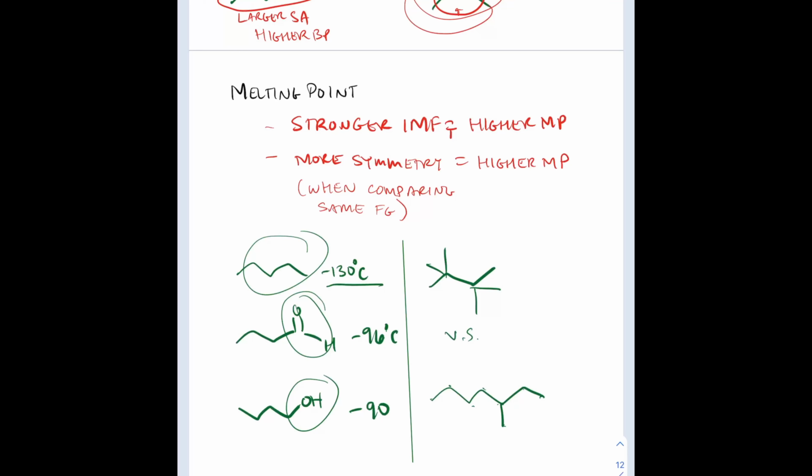These both have 8 carbons and 18 hydrogens, and so they're pretty much the same, but this one has much more symmetry, right? This one's kind of wonky looking, and so since this one has more symmetry, it has the higher melting point. And that's what I meant when I was comparing this one, for example.